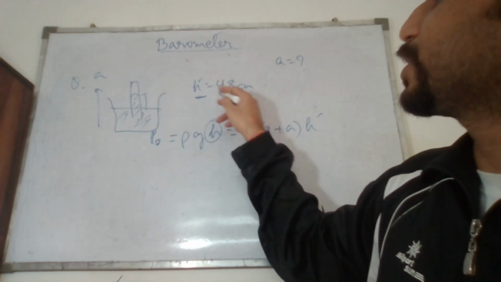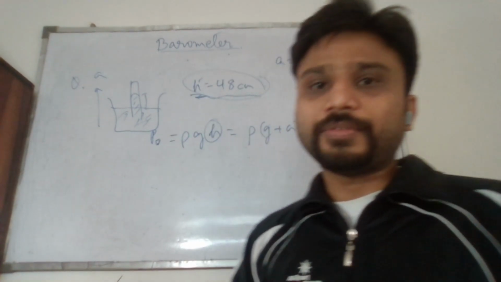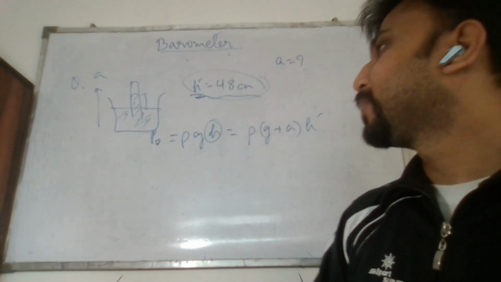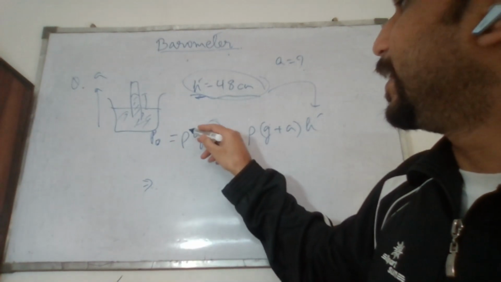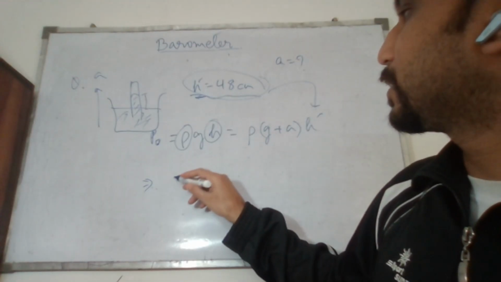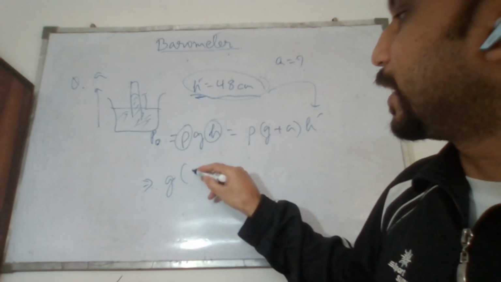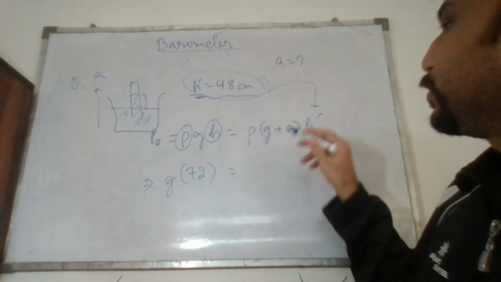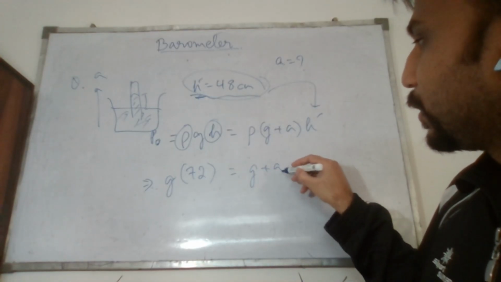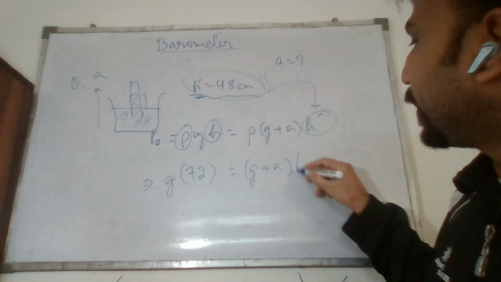The value which we have taken, 48, is h dash. So we'll put that value here. Density of the mercury remains the same, so this is simply G into the earlier height h, which was 72 centimeters, equal to G plus A into h dash. The value of h dash is 48.